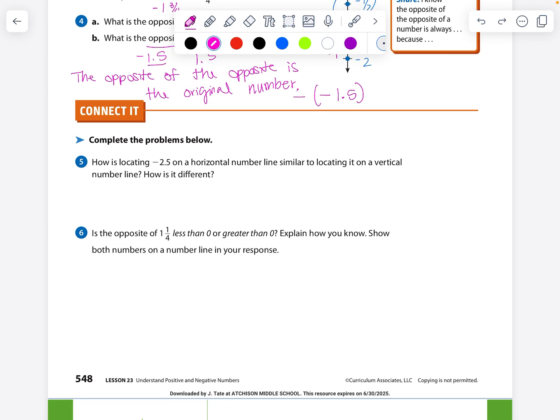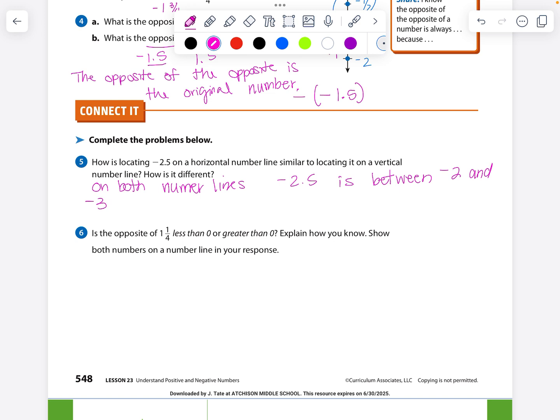Last one. How is locating -2.5 on a horizontal number line similar to locating it on a vertical number line? And how is it different? Okay, so on both number lines, -2.5 is between, like in the middle of -2 and -3.